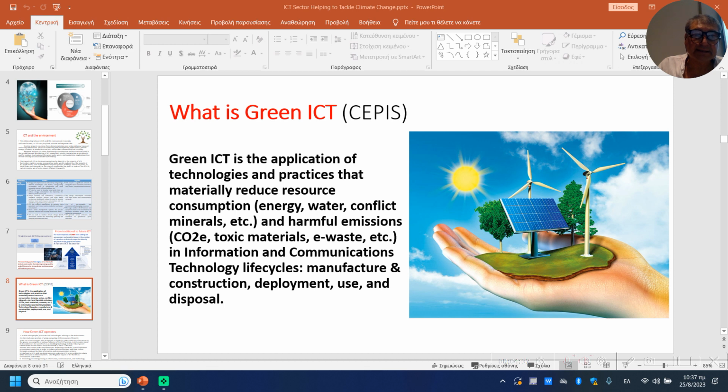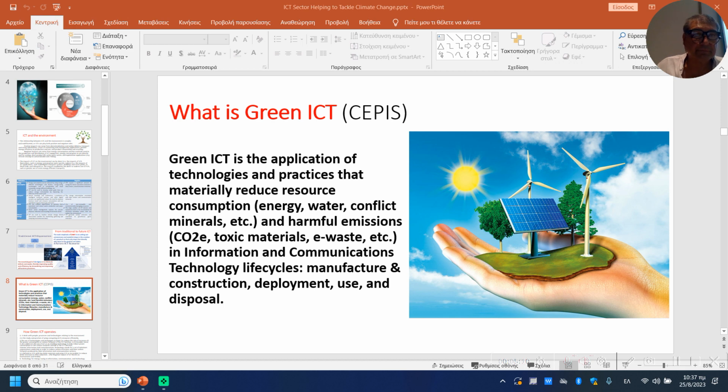Green ICT is the application of technologies and practices that materially reduce resource consumption, energy, water, conflict materials, etc., and harmful emissions in information and communication technology life cycles: manufacture, construction, deployment, use, and disposal.